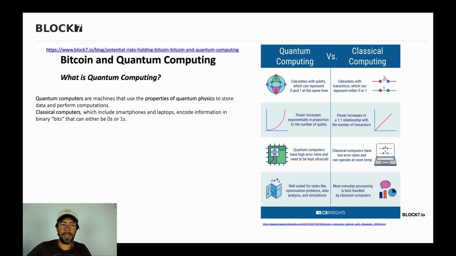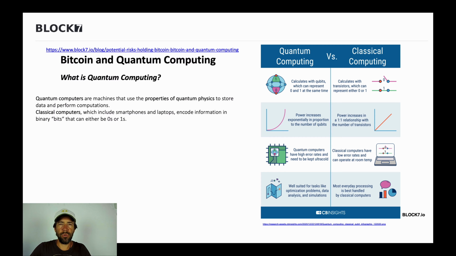So if you look at the comparison table here, we can see on the left side there is the quantum computing, and on the right side there's the classical computer. And basically the quantum computer calculates with qubits. A classical computer will just have the option 0 or 1, as you probably know, but a quantum computer can actually have 0 and 1 at the same time.